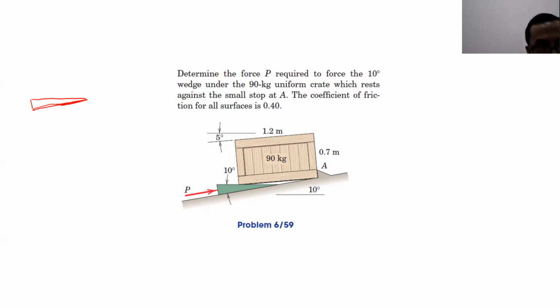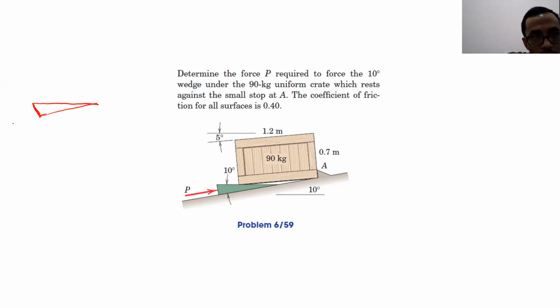Because we have 10 degrees wedge here, okay, because we have 10 degrees wedge there. And then the force P is following the angle of 10 degrees as well.